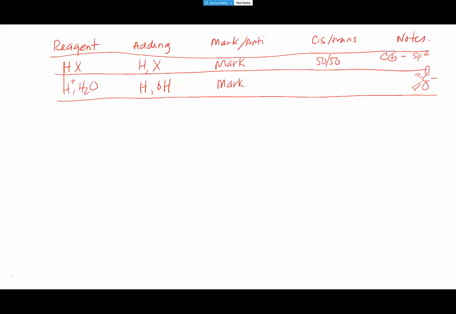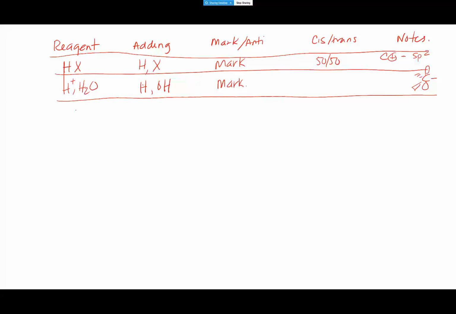Now you seemed a little hesitant on that. Let's see if we can go beyond memorization here. So what kind of intermediate is this one going to undergo? H plus H2O is going to have what kind of intermediate? I'm going to take the double bond and react it with the H plus and form what kind of intermediate? A carbocation intermediate.